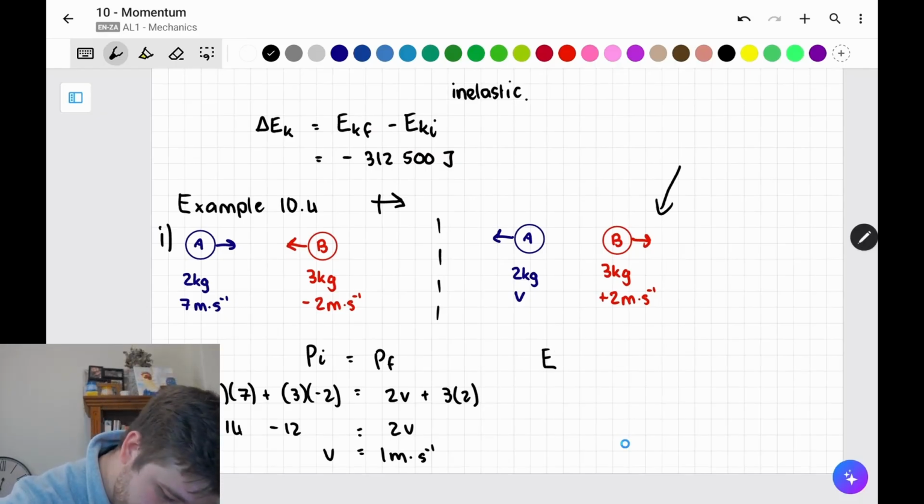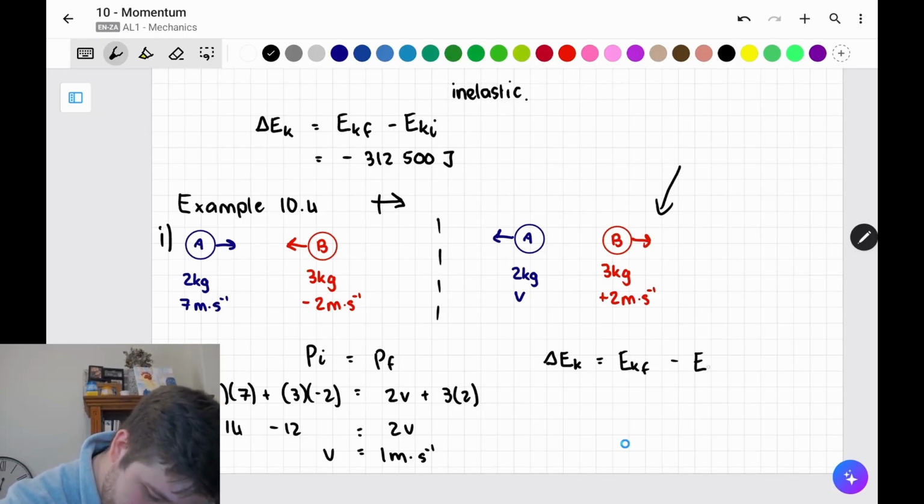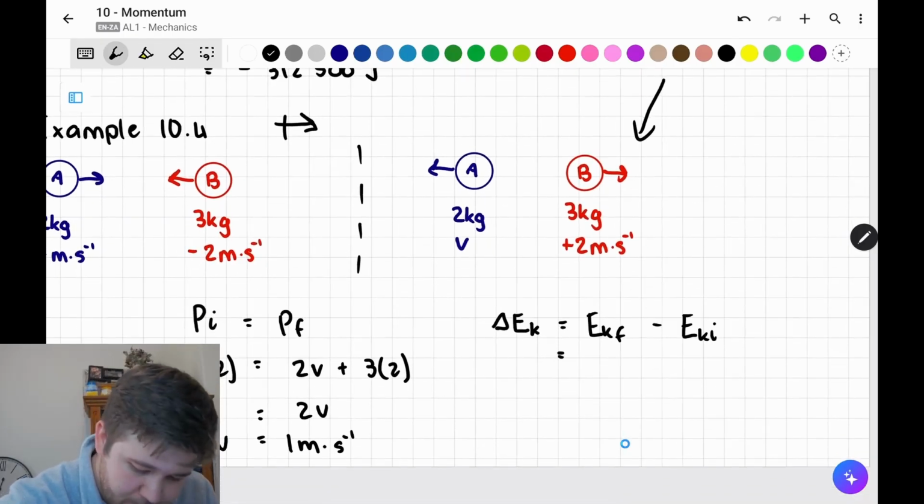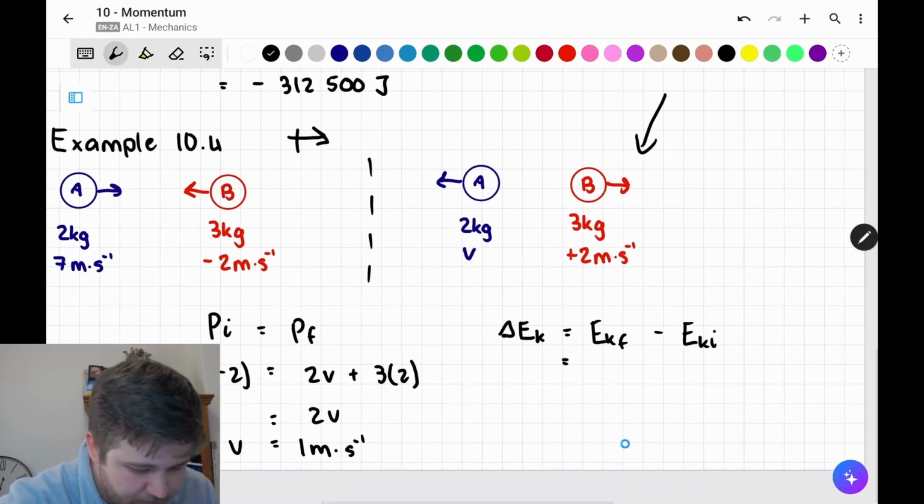Our kinetic energy, we can also do it like this. Delta EK is equal to EK final minus EK initial, and this is again for the whole system. So, let's look at each of the objects.